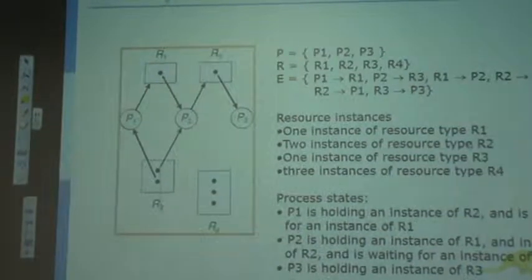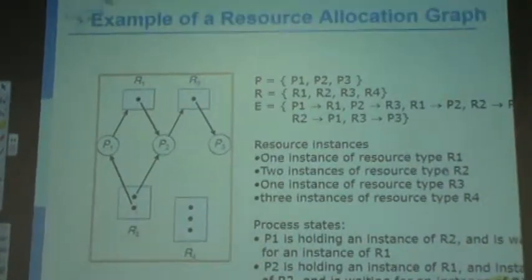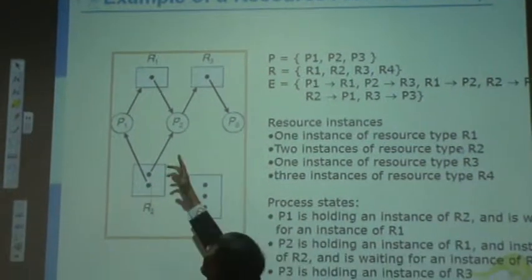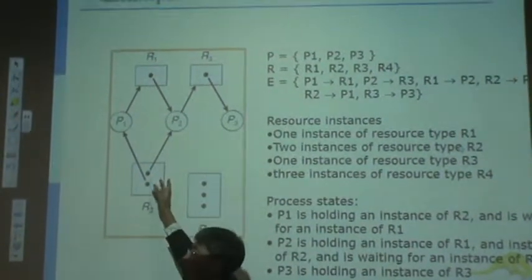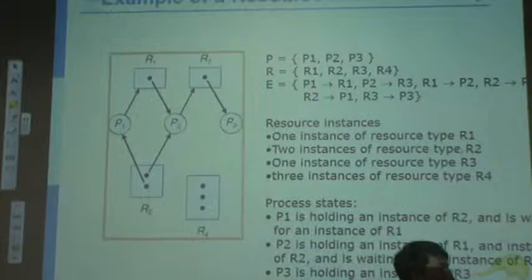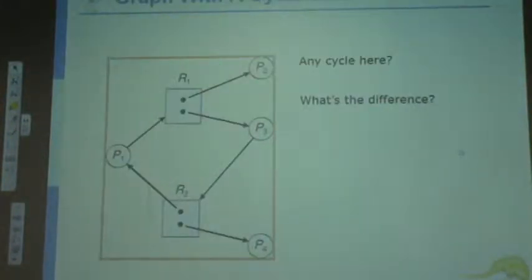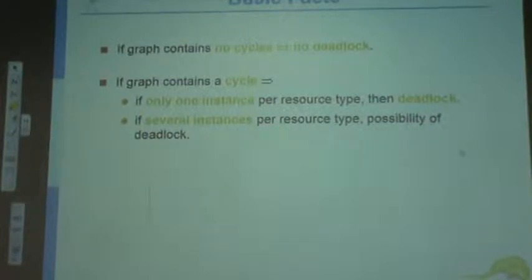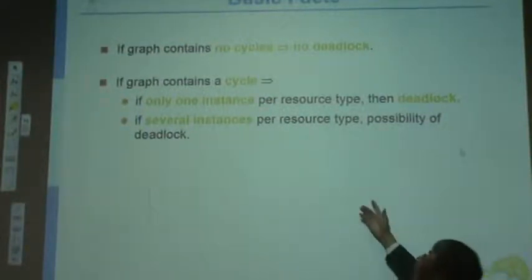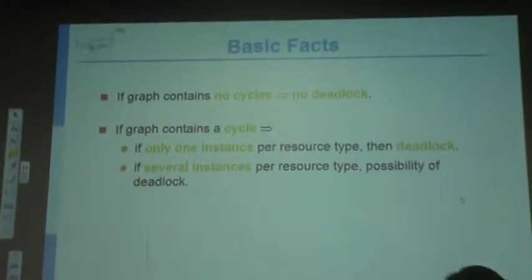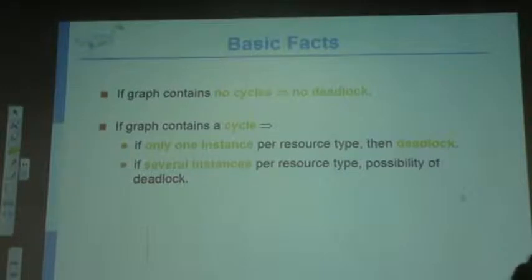Using such a resource allocation graph, we can represent the process and resource state like this one. If we can find any circle in the resource allocation graph, then it may cause a deadlock problem. We have seen the example last time. So the basic idea is if we cannot find any circle in the graph, that's okay, so your operating system can proceed to the next state.